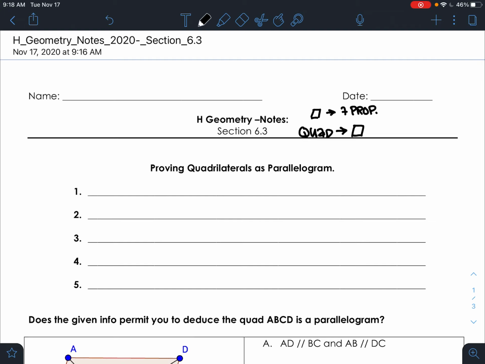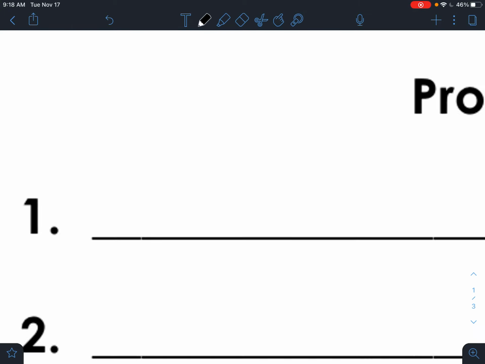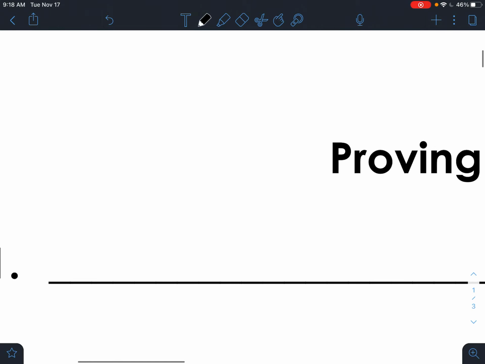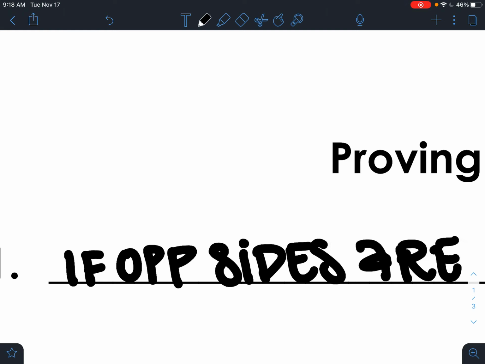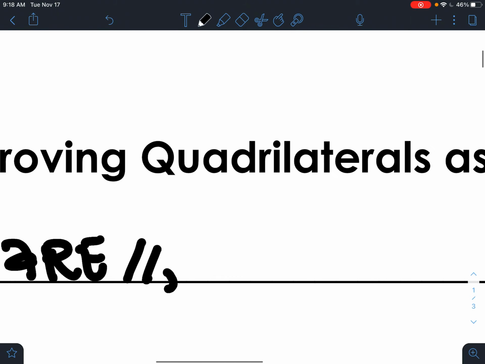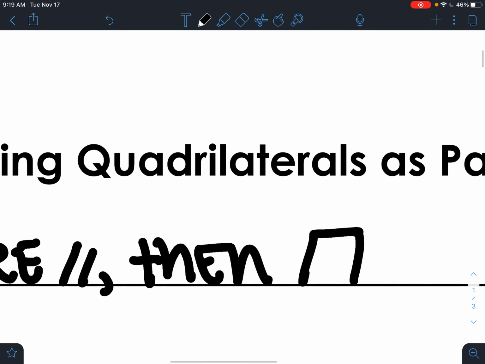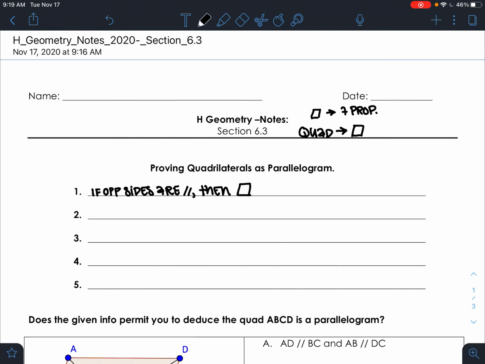And there's 5 different ways, okay? So for the first way, what it says is if opposite sides are parallel, then parallelogram. I'm abbreviating this. We could say then it's a parallelogram.